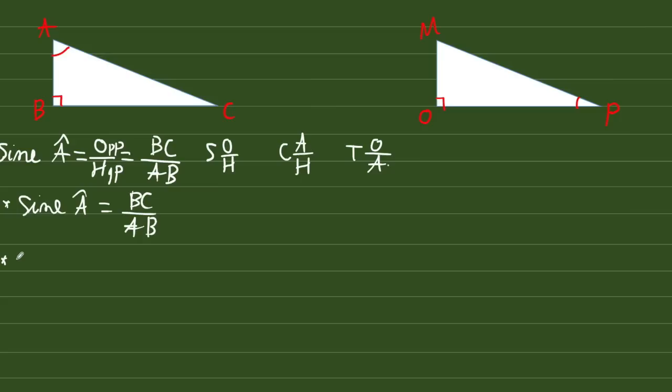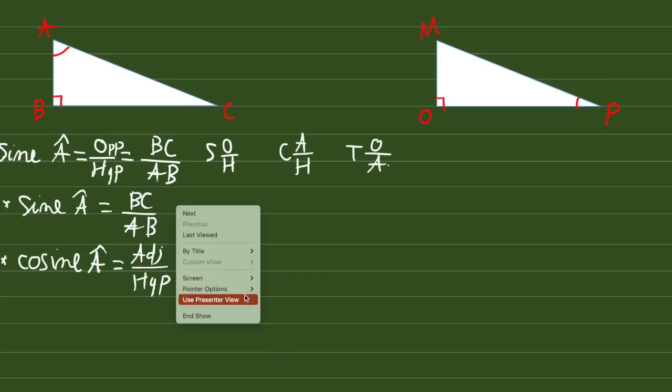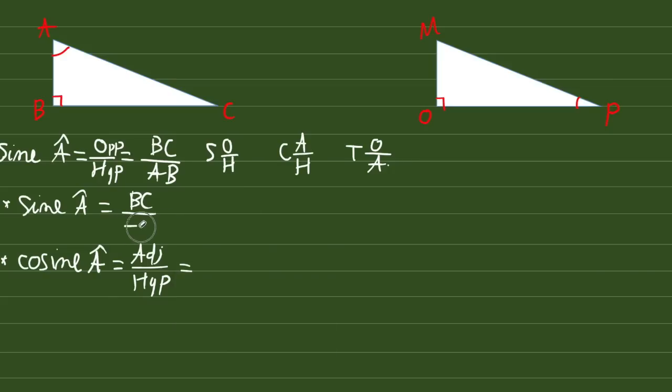The second trigonometric ratio is cosine. Cosine A is A over H, adjacent divided by hypotenuse. Oh, sorry, the hypotenuse is not AB, and BC is the opposite. The hypotenuse is AC, sorry.